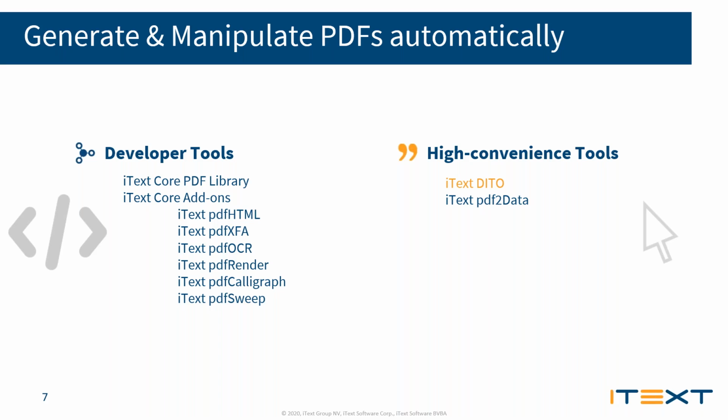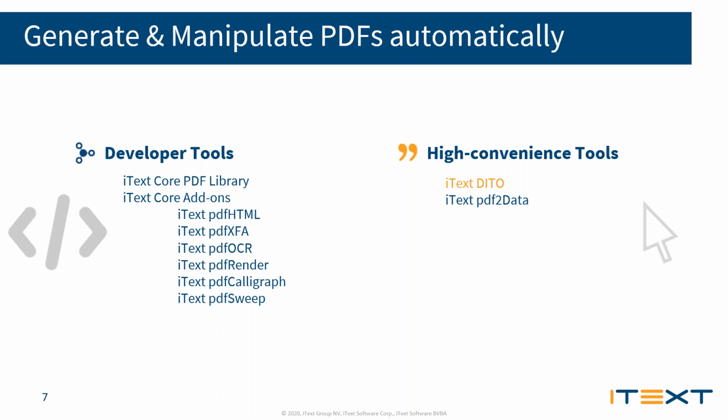Well, with our core library, you can basically do anything imaginable concerning PDFs. You can create PDFs, you can redact PDFs, you can take HTML and turn it into a PDF. You can create and flatten XFA forms if you want to. You can start from a scanned document, OCR that and turn that into a PDF.